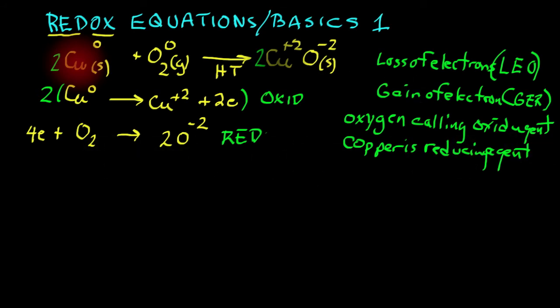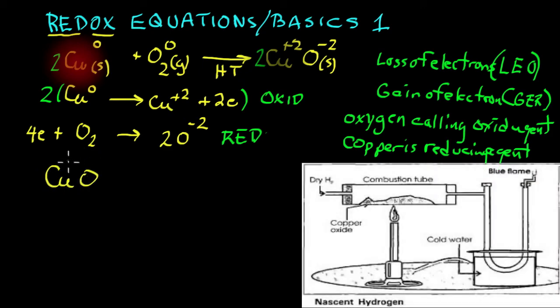Now let's look at the reverse process. If you start off with copper oxide, and you have to say it's copper 2 oxide, and you react it with hydrogen gas, you will get, and you have to have heat here, copper metal and water vapor.